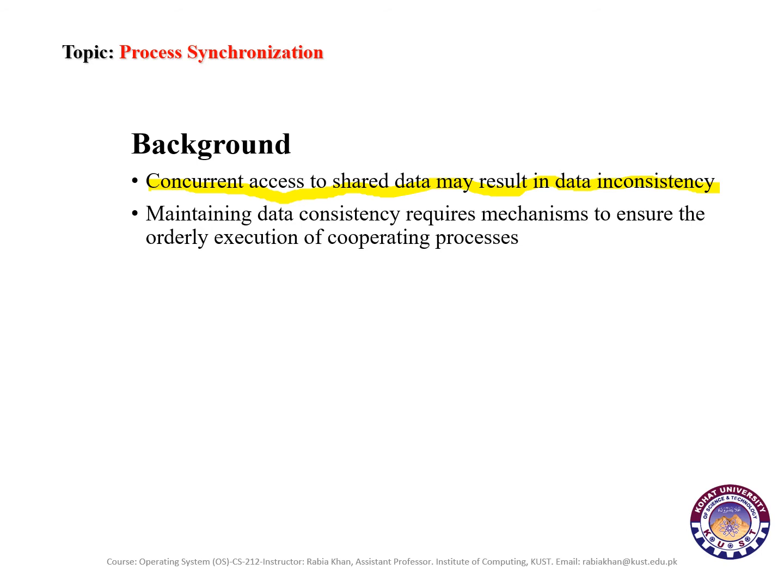Now, for example, we have two functions, function A and function B. Function A updates the value of a global variable, while function B uses the value of the global variable and performs further calculations.